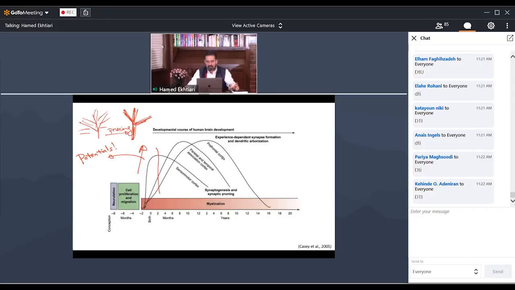The prefrontal cortex is really delayed in this process because of the importance of all the experiences that we make during the first 7, 8, 9 years of our life, and then pruning the system in the next couple of years to reach completely advanced, well-established connections that are going to shape our personality and our characteristics over time.